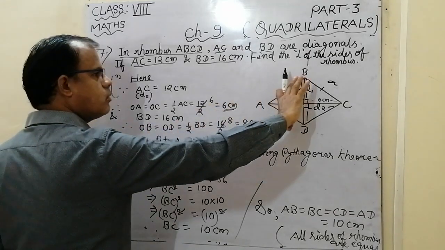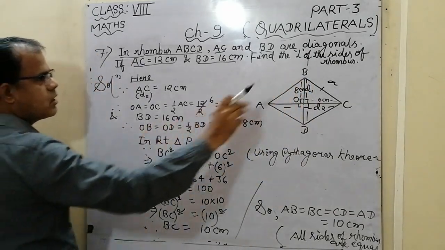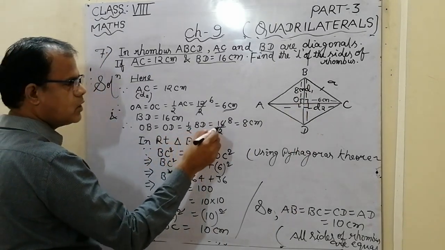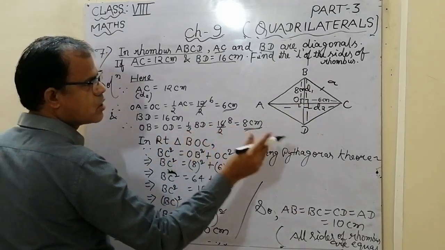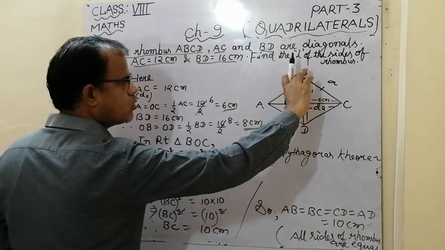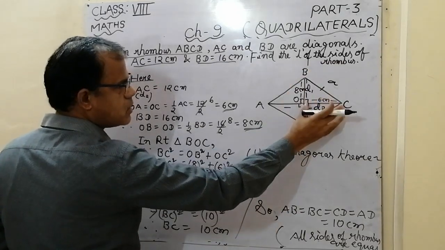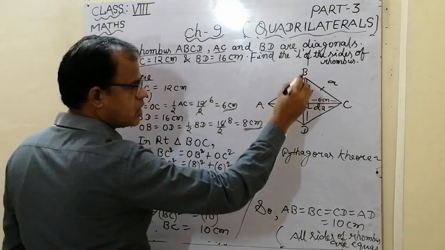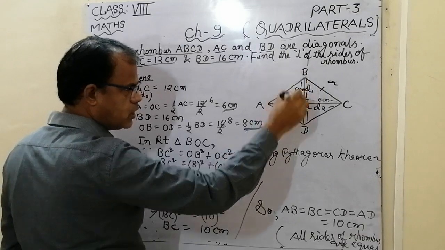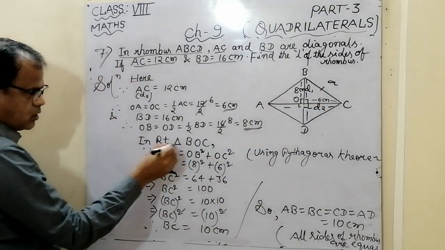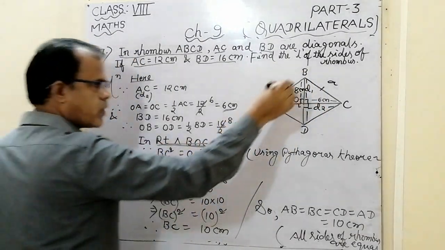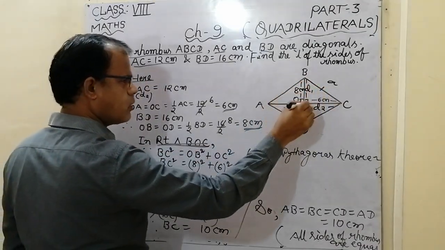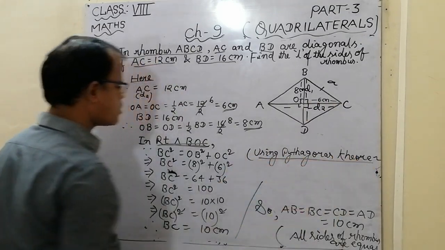Similarly, diagonal BD equals 16 centimeters. So OB equals OD equals half of BD, 16 by 2, 8 centimeters. So we found OB is 8 centimeters and OC is 6 centimeters. Now in right triangle BOC, BC square equals OB square plus OC square using Pythagoras theorem.